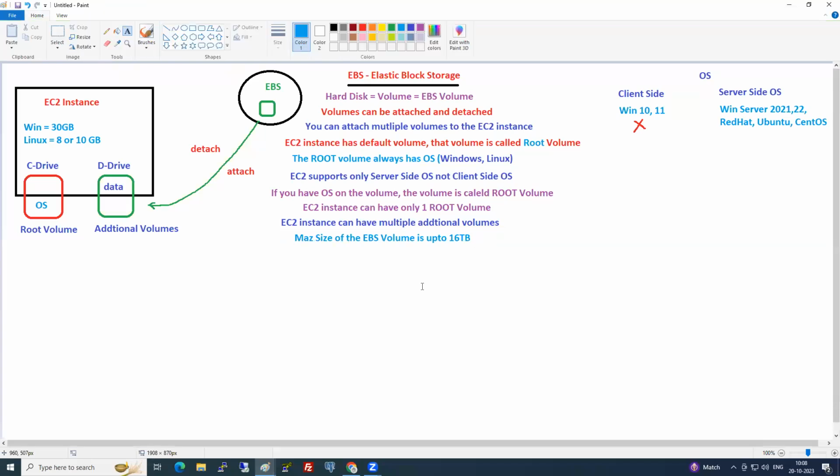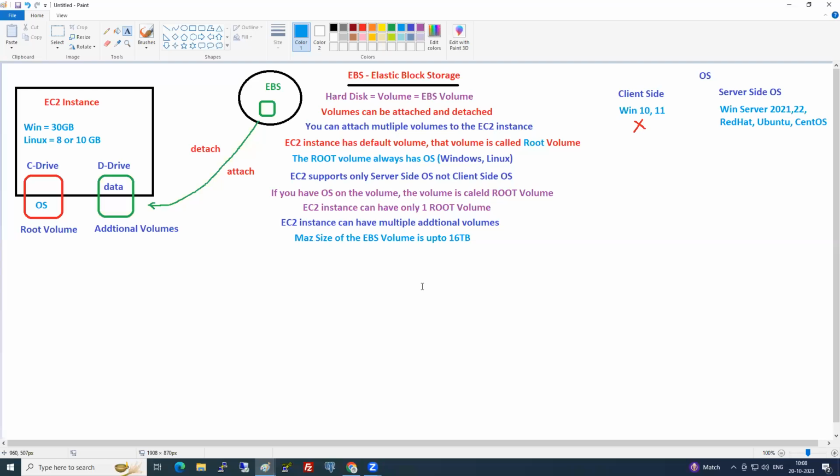Will AWS directly provide the volumes to you? No, you need to create them. So you are creating, meaning you need to pre-provision. How much ever size you need, that much size you create. That is called pre-provisioned. If you want 50 GB, create 50. 100, 100. 200, 200. 500, 500.